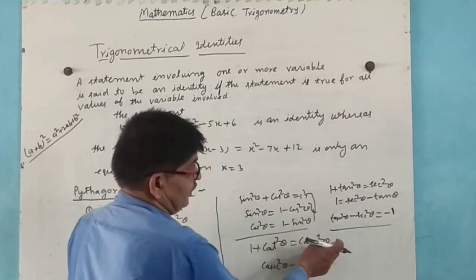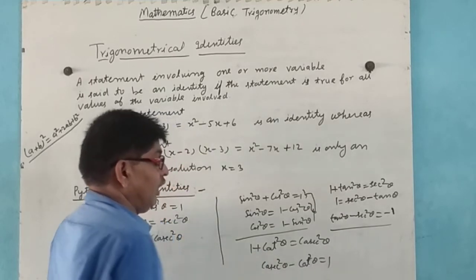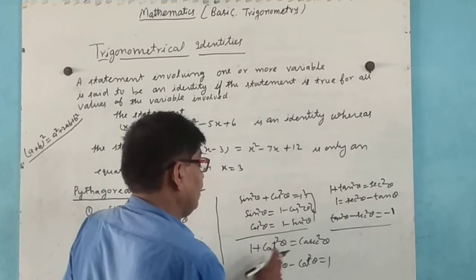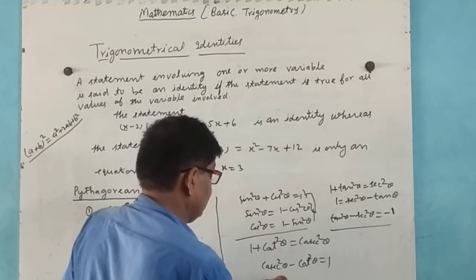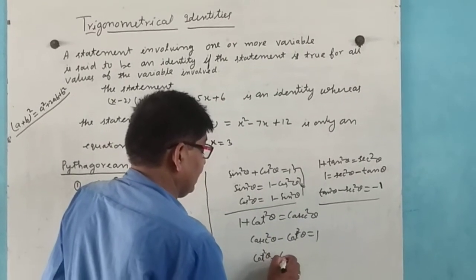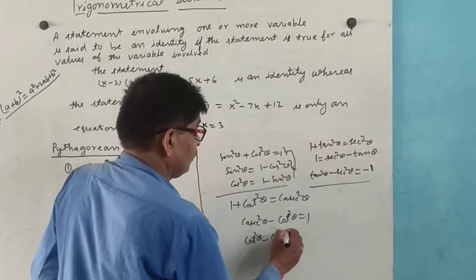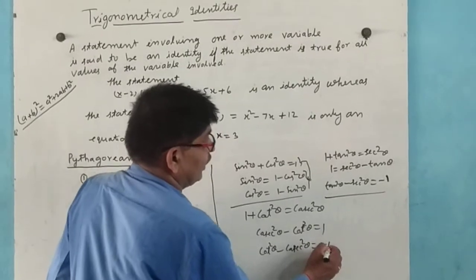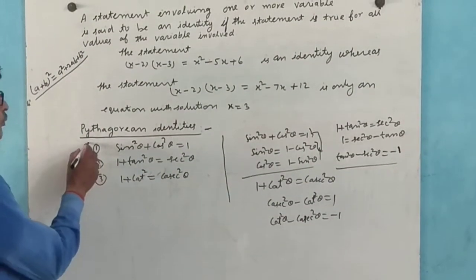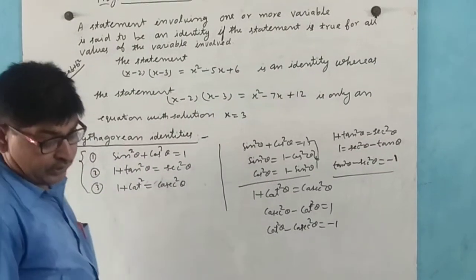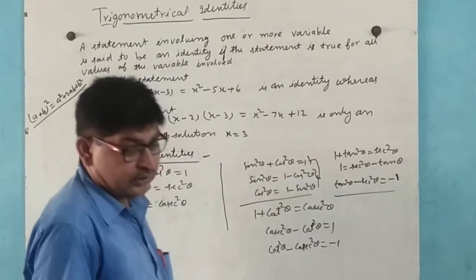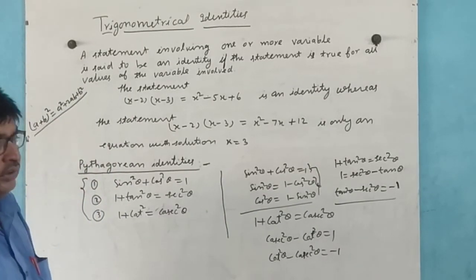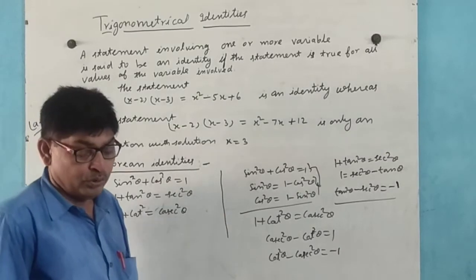Or if we change it the other way, cot square theta minus cosec square theta equal to minus 1. So with the help of these Pythagorean identities, we get different results and use them in solving problems.